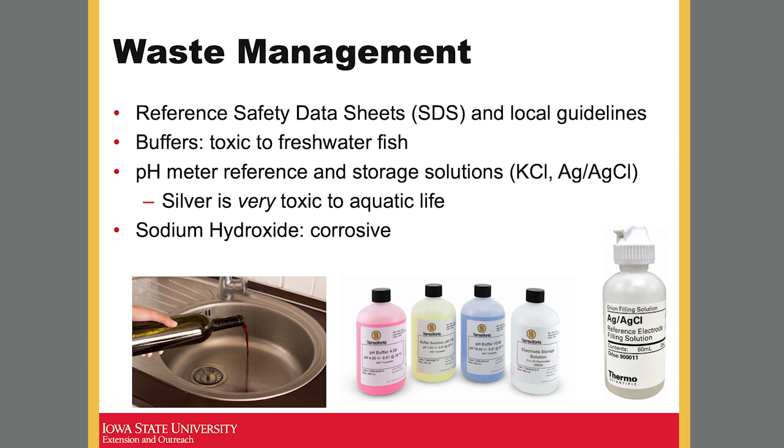And if you have a pH meter, depending on the type, you might have a storage solution. This storage solution contains some silver chloride, which is harmful to aquatic life, so that's something you don't want to throw in the sink.